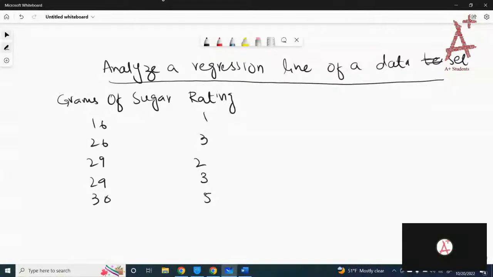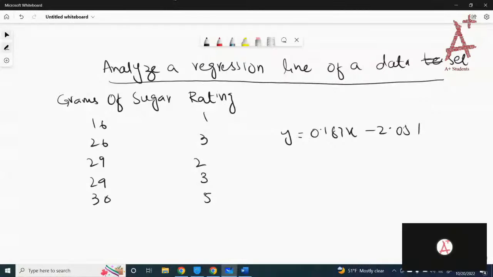You're also given the least square line of the data set, that is y equals 0.187x minus 2.051. Got it? You can use the least square regression line to predict the y value for a given x value. Basically, what we have to do is predict the y value for the given x value.